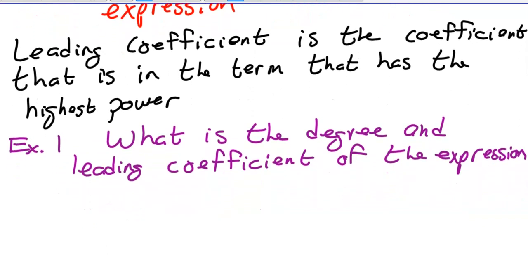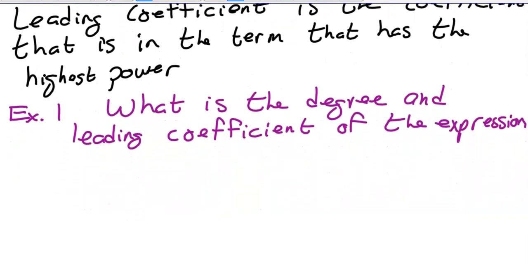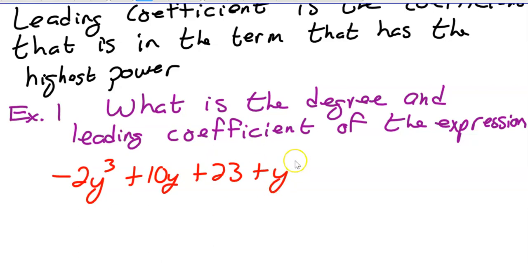Okay, so first objective that you've got in 5.5 is you're just going to find out what the degree and what the leading coefficient are of whatever expression that they give to you. Okay, and the easy part is just find the highest power.